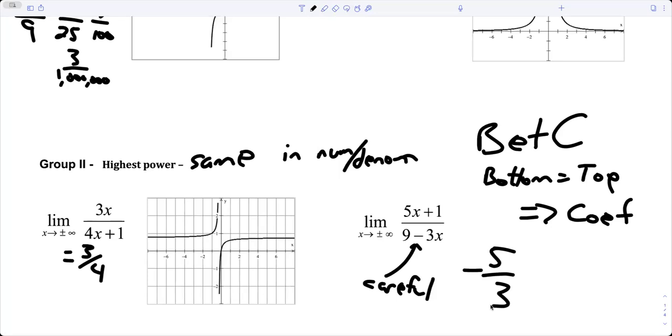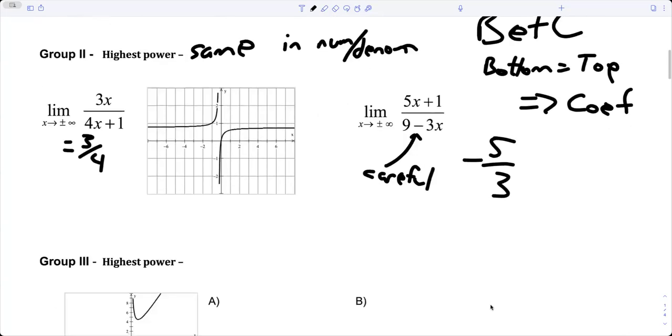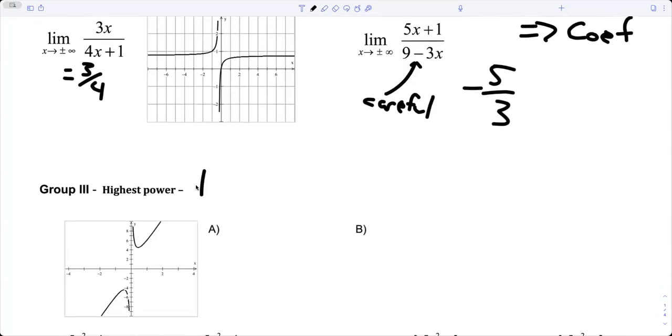And that brings us to the last one. If the highest power is on the top. So I have a different acronym because I want to tie this to something that we do here in just a minute.